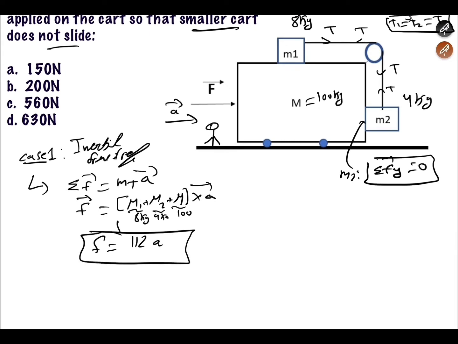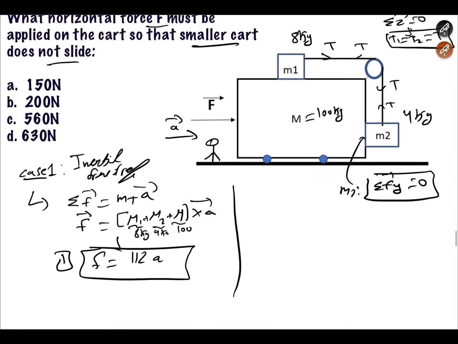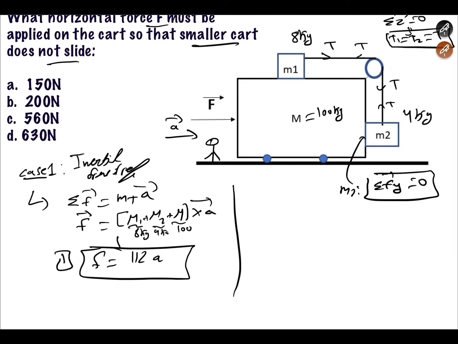This is the first formula. Concerning the second formula, we have to apply Newton's second law on M1 and M2. Since M1 and M2 are not moving with respect to the cart, the acceleration of M1 with respect to the cart equal to 0, but the acceleration of M1 with respect to the ground, where an observer is standing, is not 0, because M1 and M2 are within the system which is moving to the right with acceleration a, right?